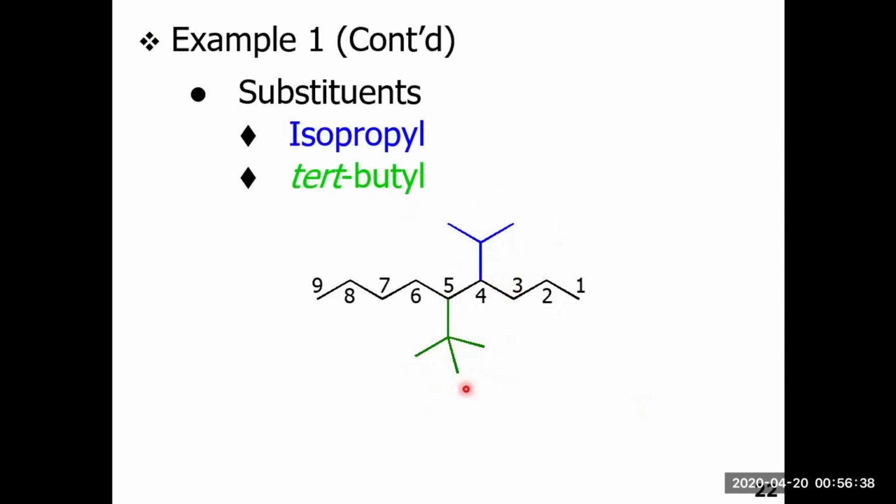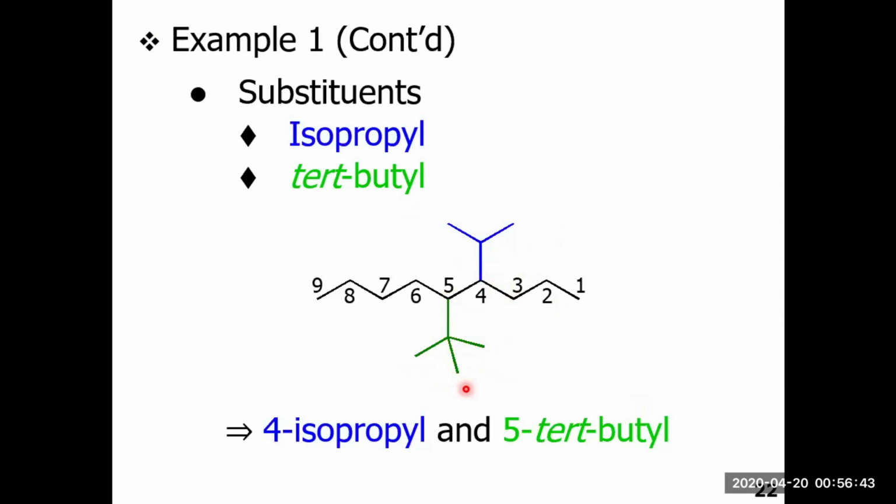So isopropyl at carbon 4 and tert-butyl group at carbon 5. You have to ask yourself, where is your isopropyl connected? It's connected to carbon 4, that's why it's 4-isopropyl. Where's your tert-butyl connected? It's at carbon 5 of the parent chain, so it's 5-tert-butyl.